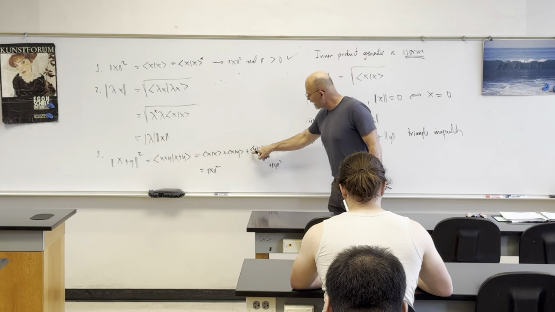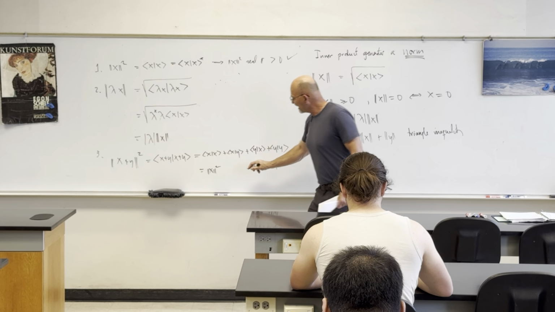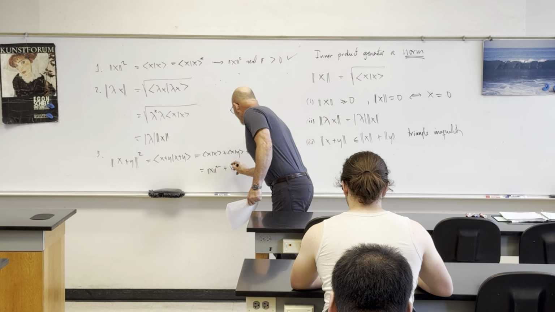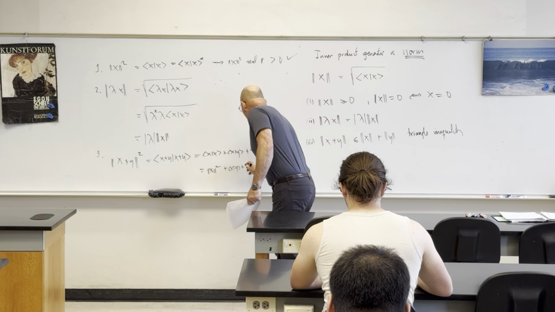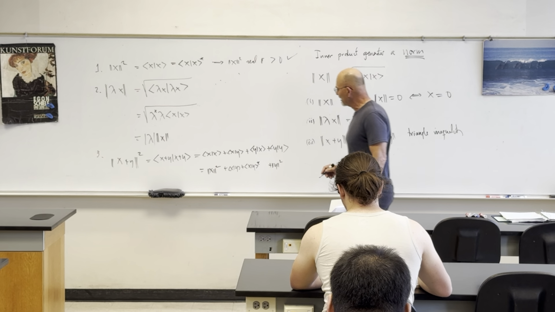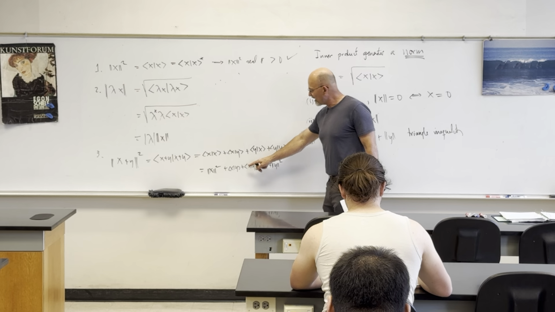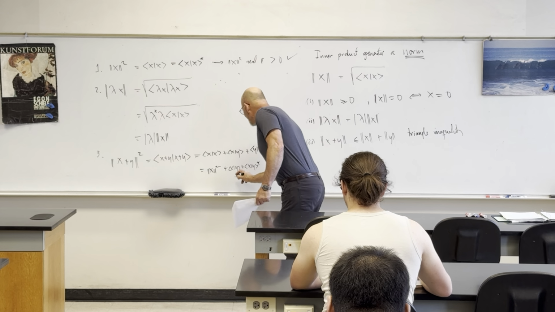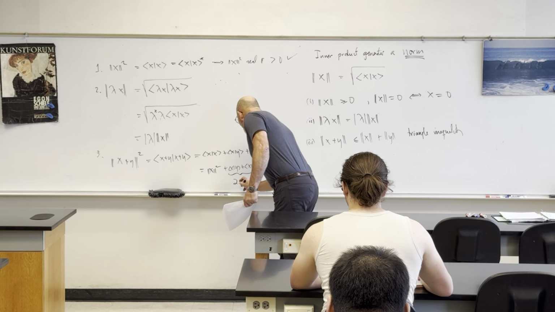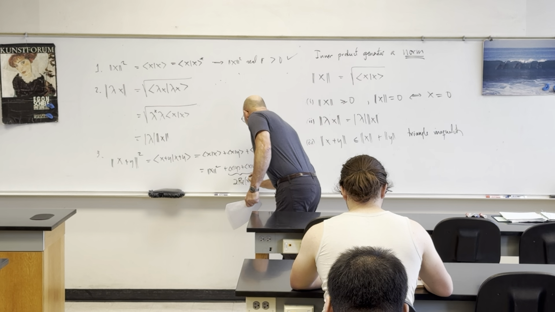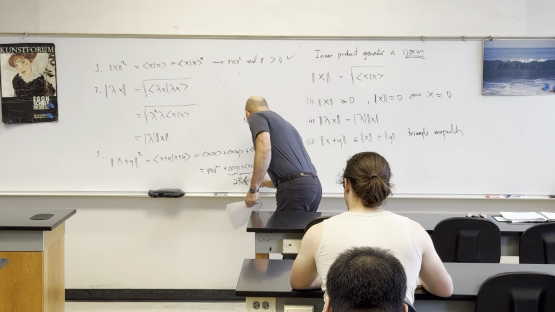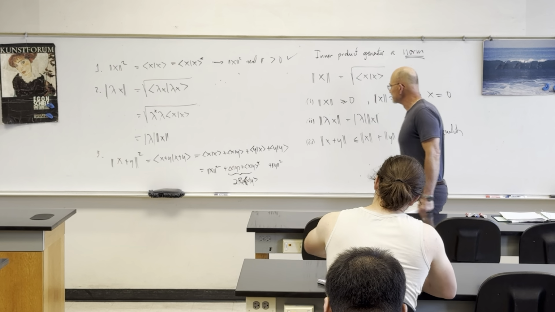So I've got the inner product of x with y and of y with x, so this would be x,y plus x,y complex conjugate. And a complex number plus its complex conjugate is equal to 2 times the real part of this complex number, x,y.